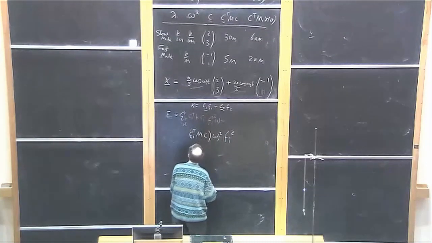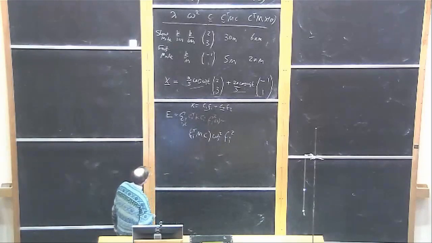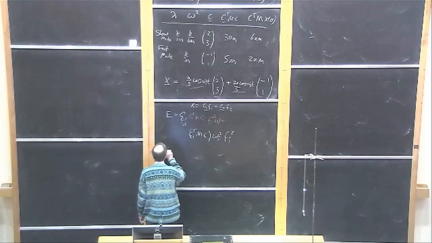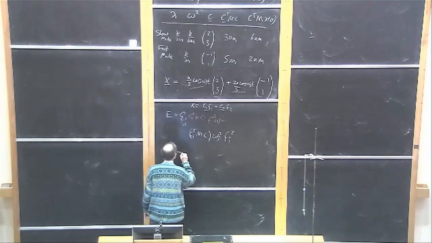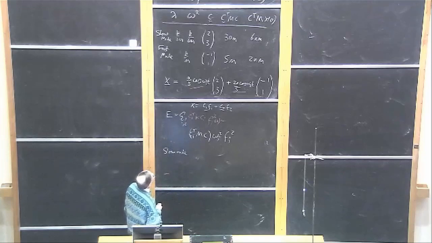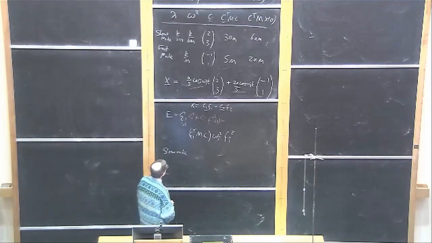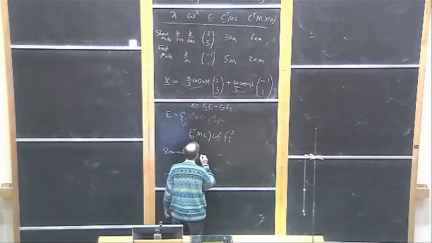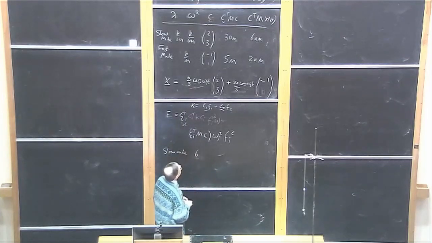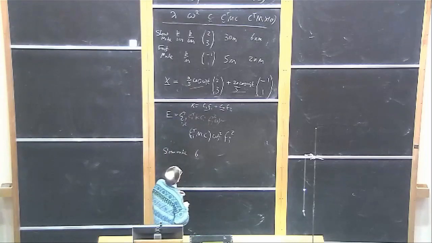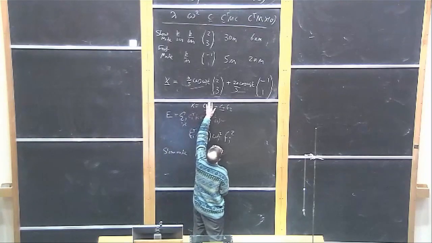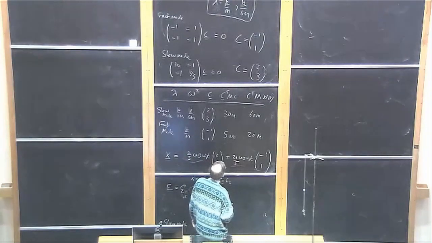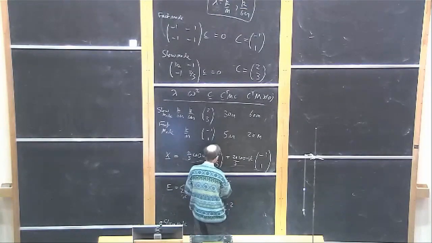So all the ingredients for the two modes we've already worked out. So for the slow mode, we get this is, sorry, this is 30m.